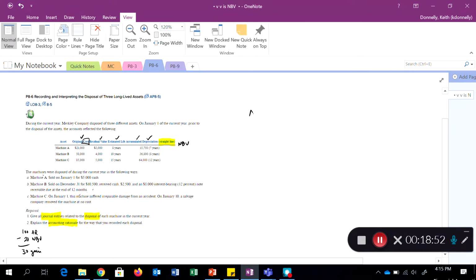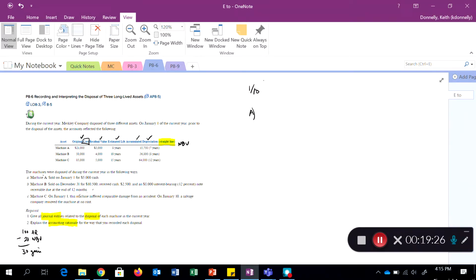If it's on January 1st, then we haven't taken any additional depreciation for this current year. In other words, you only accrue depreciation expense at the end of the year. This is the very first day of the year, so time hasn't passed such that we would take a depreciation expense. It wouldn't follow the rules.